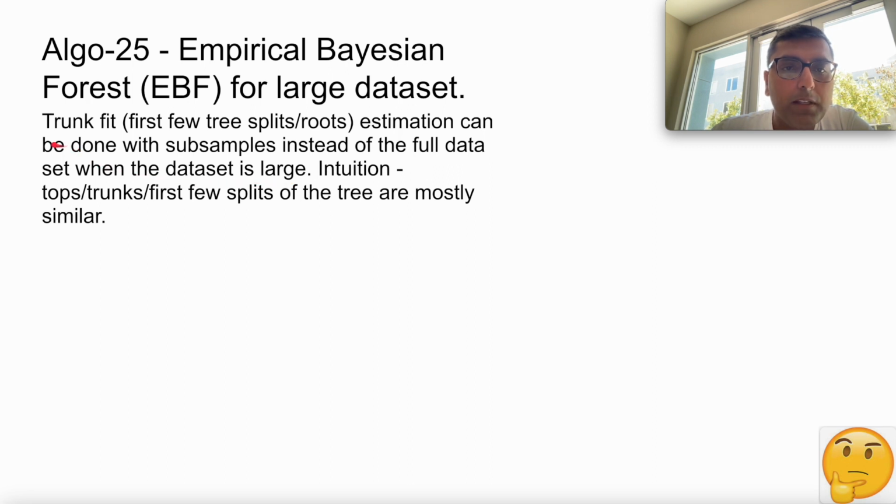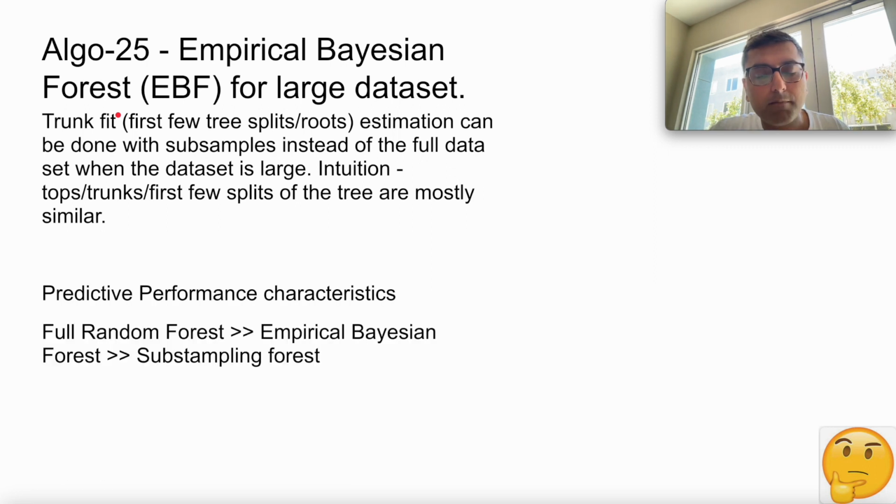It builds on this estimation that the trunk fit, or the first few nodes, the root nodes, the first few splits, can be done with subsamples instead of the full data set, because the intuition is that even with the subsamples, you will get the same root splits, the same trunk splits, right? And you could imagine that if you do that, then you could parallelize this processing across several machines and do this root child node calculation across several machines, and you might have several parameters that can be computed in parallel.